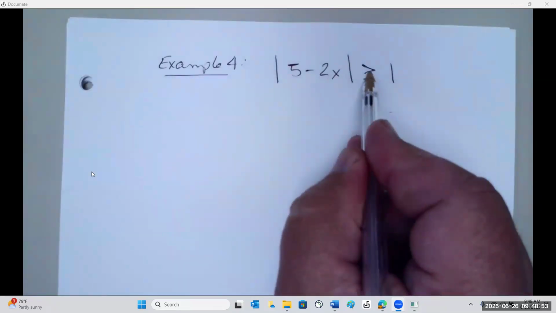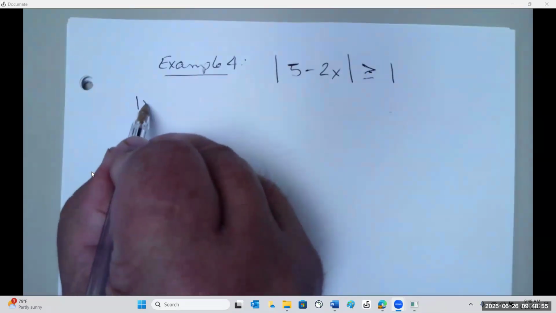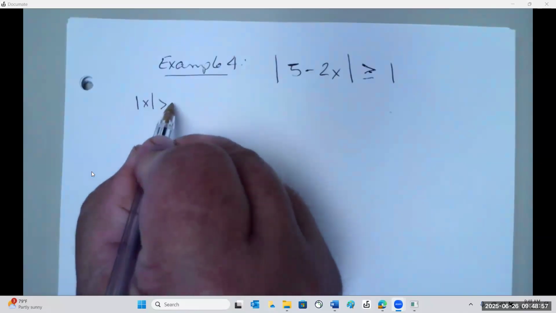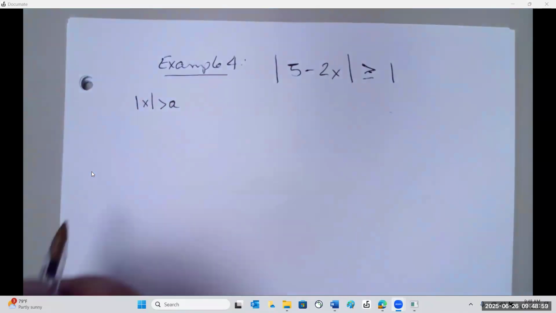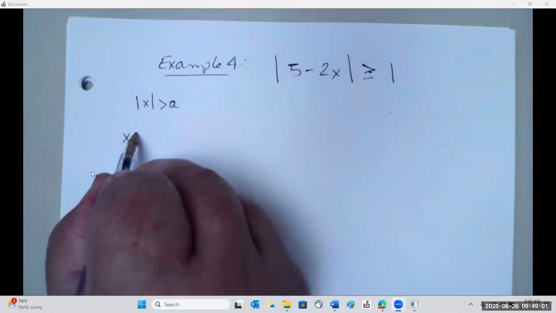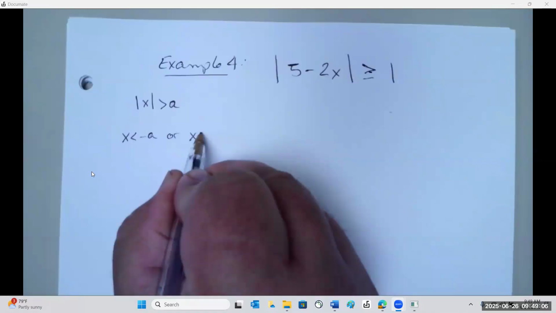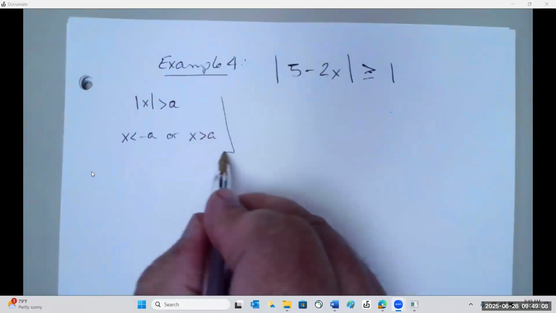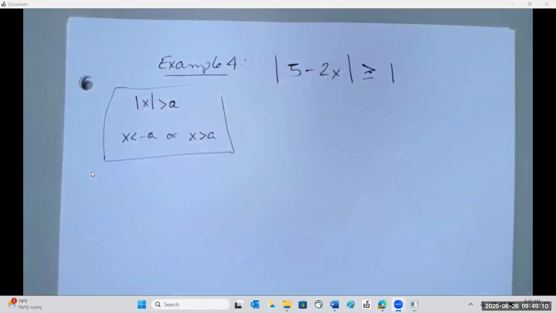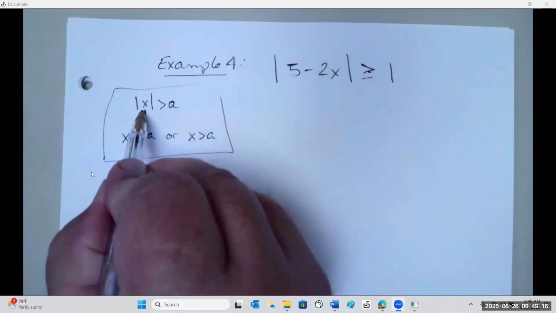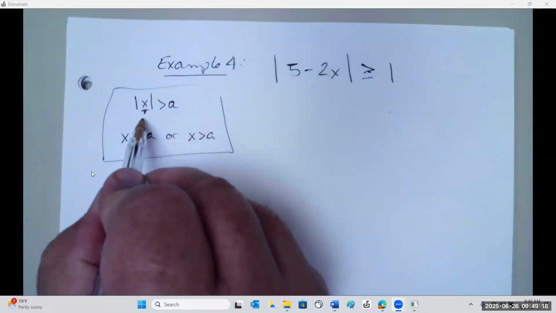We're using greater than, so we're going to use this rule. That rule says x is less than that, or x is greater than that. Remember, anything inside the absolute value is what x is.